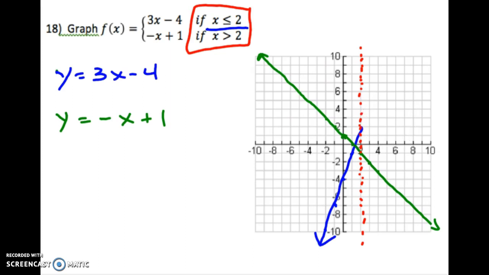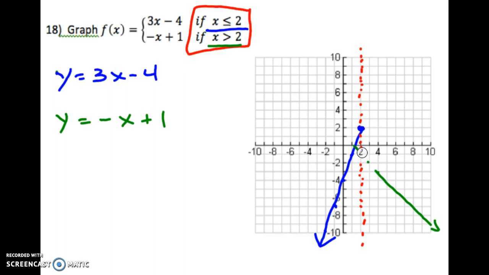Since this one has the equal to part with it, we want to make sure this is a big closed circle there. For the green line, we're going to the right, so we only want the right half. So everything to the left of the red dotted line needs to get erased. This is where we have to be really careful.